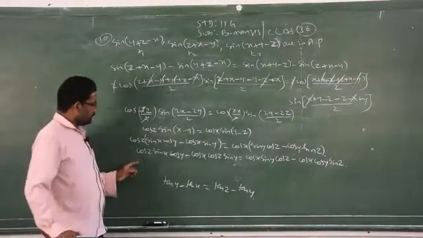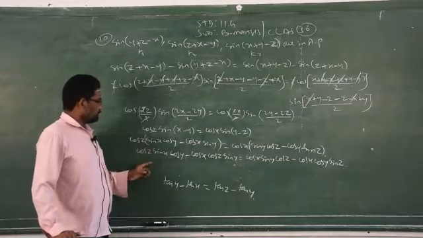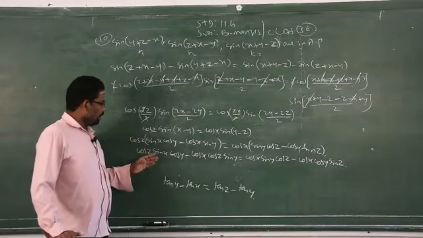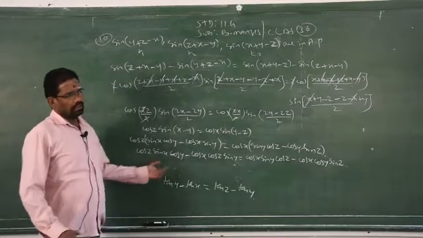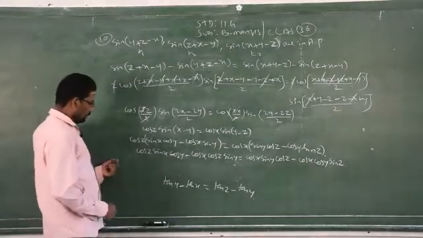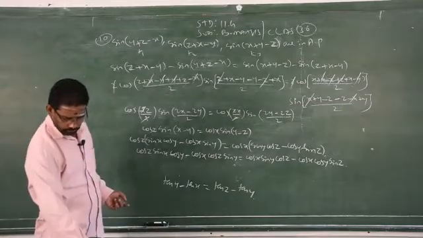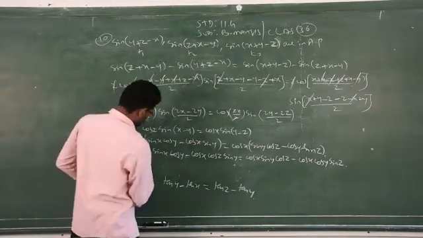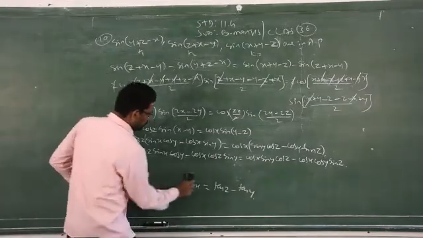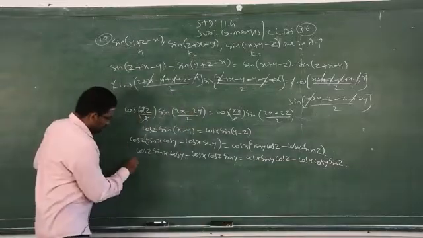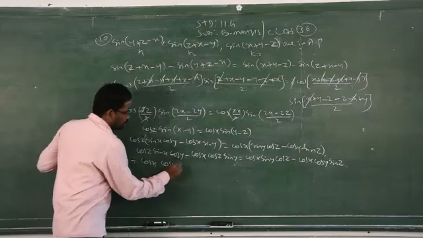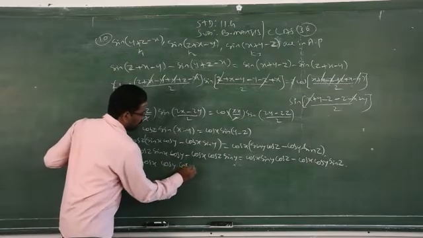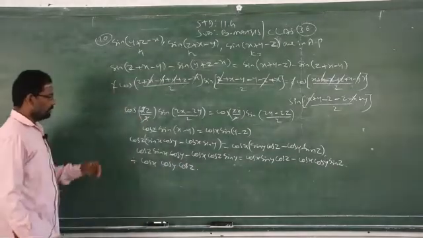When you divide by cos x, cos y, cos z, you will get the required answer. So now you can see. Divide everything by cos x, cos y, cos z. Just you have to divide.